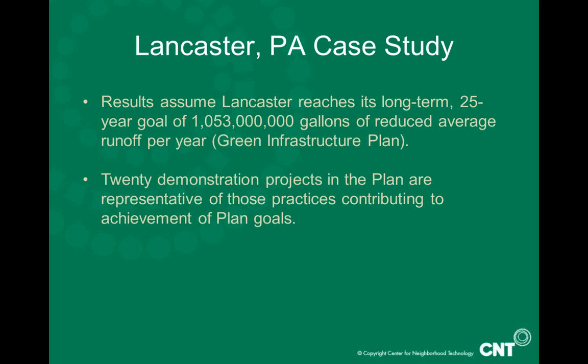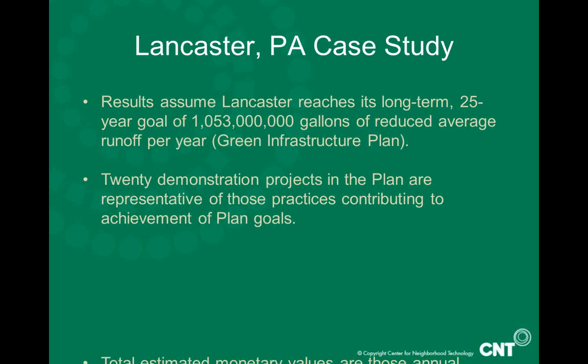And then we said, okay, so how do we do that? Well, we need some examples of the kinds of green infrastructure practices that you intend to put in Lancaster. And there were 20 different demonstration projects with specifications, which we got from them. Different kinds of excavations with porous pavement and how deep and how much rock and what are the anticipated sizes and shapes and the amount of water being reduced in them.